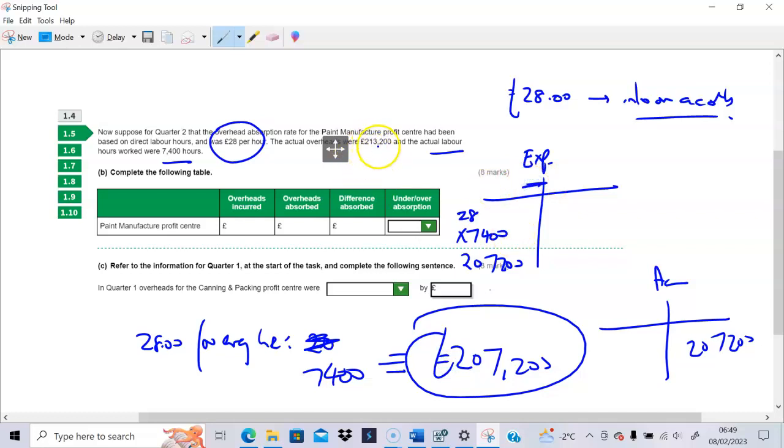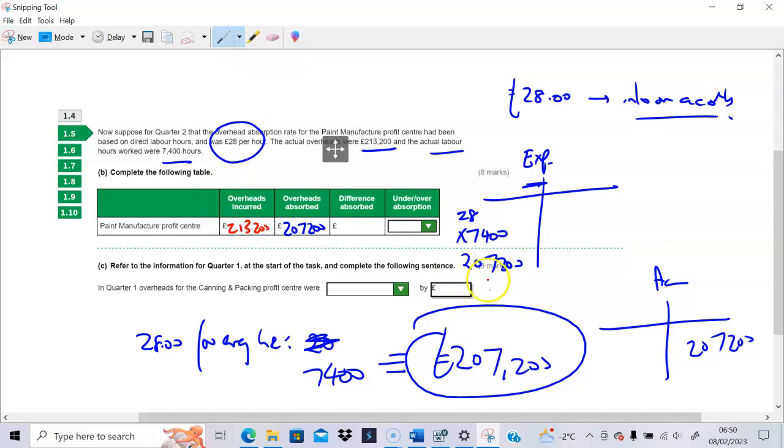And then the invoice comes through with the actual overhead. We've now got the real overhead. It's actually 213,200. The overhead absorbed so far is 207,200. That's what we've absorbed into our accounts, but the actual overheads incurred are 213,200.